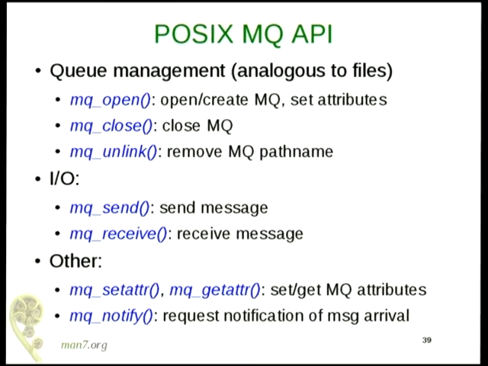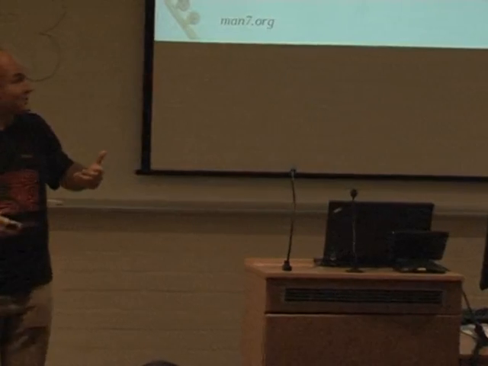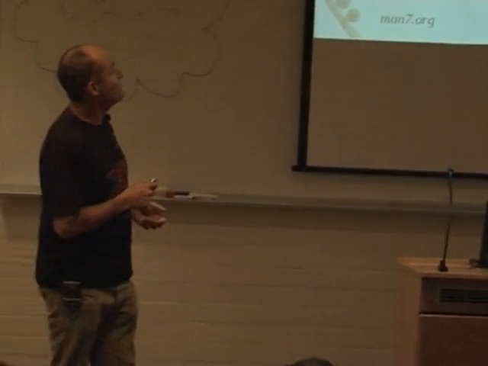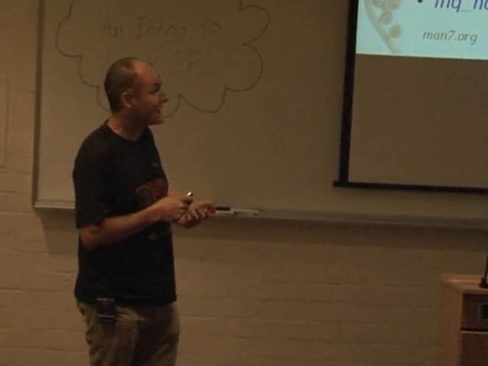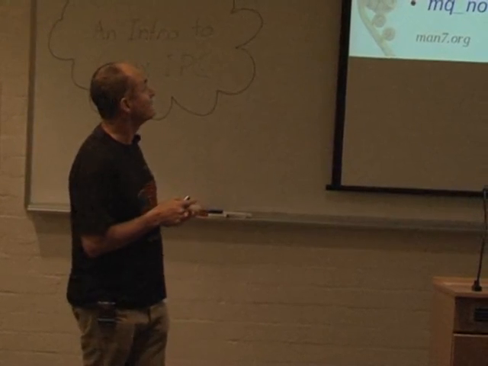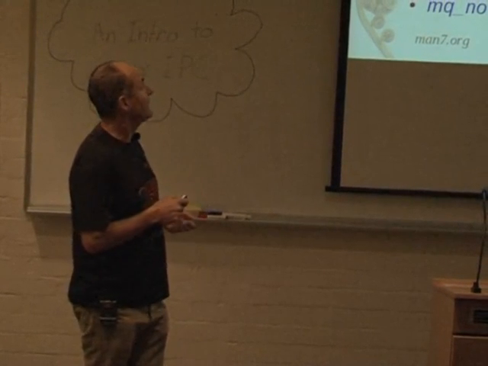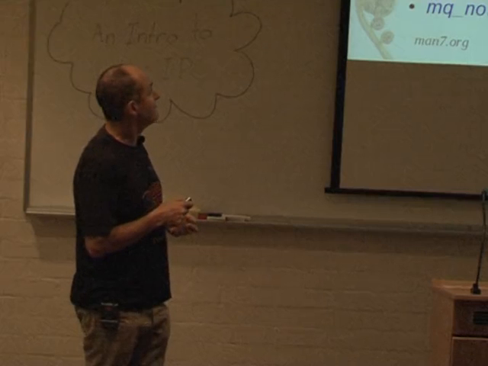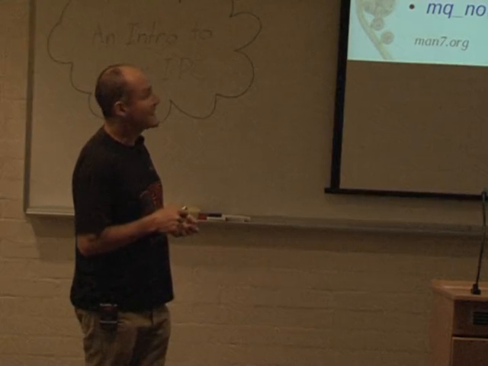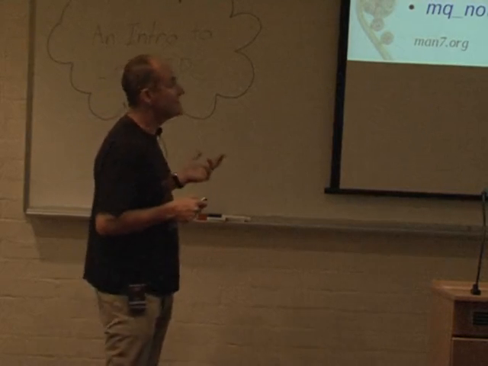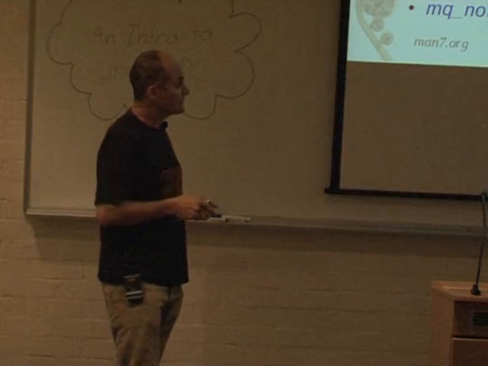Okay, so the API looks sort of like what you'd expect. You've got an open call for opening and creating a message queue. It's very much like opening and creating a file. Close, unlink for removing a path name. Send for sending a message to the queue, receive to receive a message, and then there are a few odd looking calls at the end.